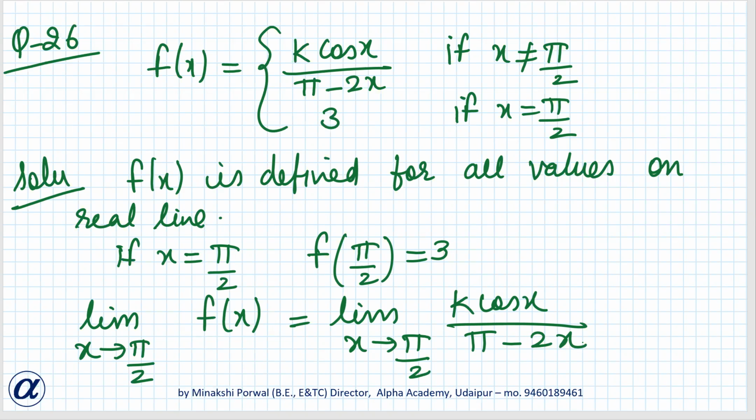Now if I substitute pi by 2 here, 2 and 2 will cancel, pi minus pi is 0, and cos pi by 2 is also 0. So we are getting 0 by 0 form. In this case we do not find the limit directly, but we make a substitution.